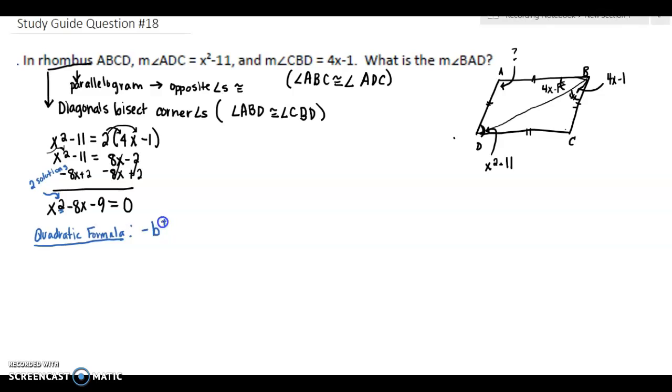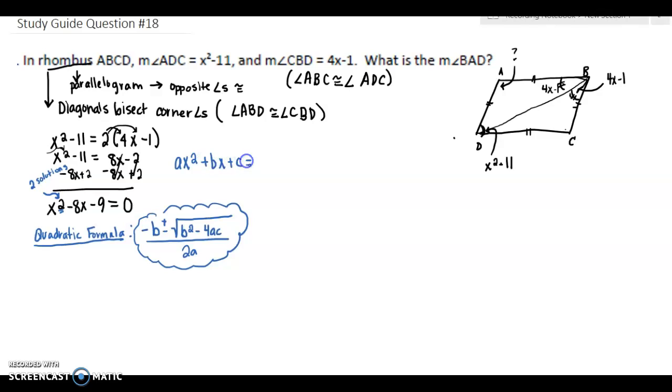It's negative b plus or minus the square root of b squared minus 4ac, all over 2a. This doesn't change, and it's for any equation that's ax squared plus bx plus c equals 0.